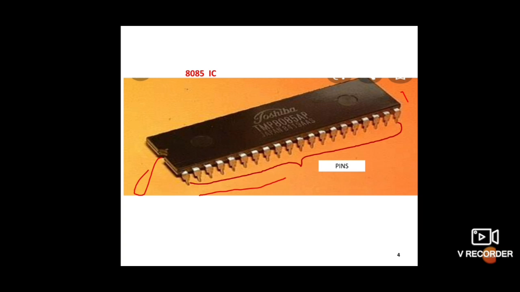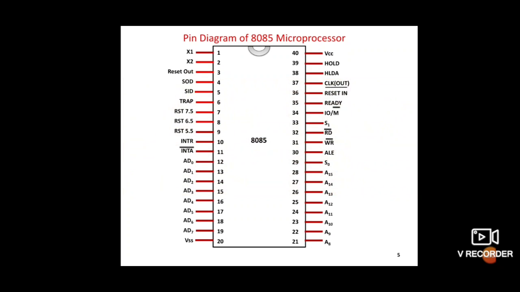Now see the diagram of the 8085 microprocessor. This is the pin diagram of the 8085 microprocessor. See, on the left side pins 1 to 20 are there and on the right side pins 21 to 40 are there. In this session we will explain only 5 pins.